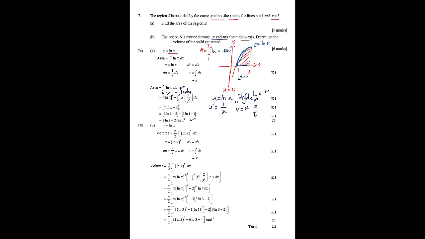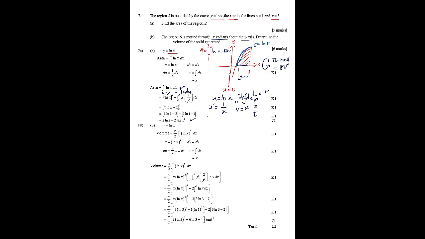So from the graph of ln x, you need to rotate the area through pi radians, meaning 180 degrees. So your rotation is not a complete rotation, it's not 360 degrees, it is only 180 degrees.